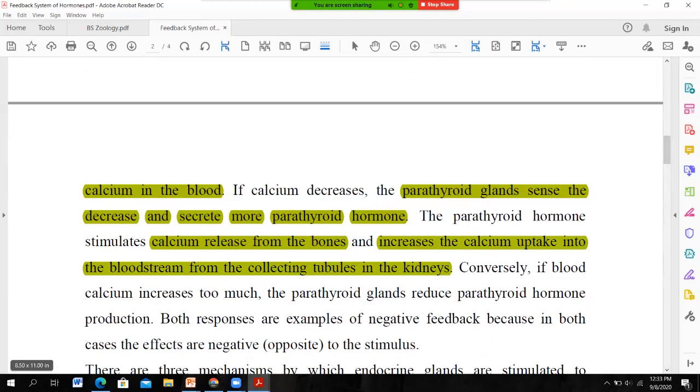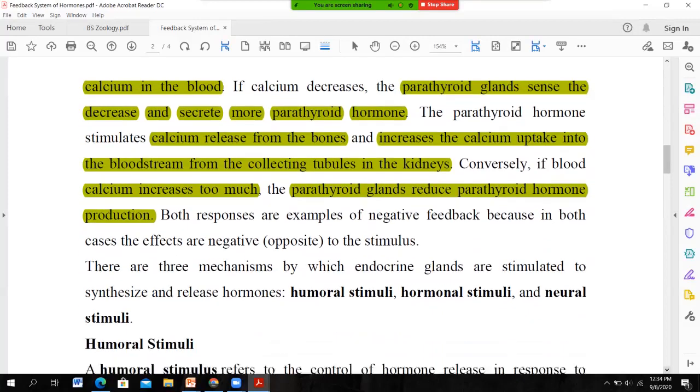Conversely, if blood calcium increases too much, the parathyroid gland reduces parathyroid hormone production. Both responses are examples of negative feedback because in both cases the effect is opposite to the stimulus. If the effect is opposite to the stimulus, then we call it a negative feedback mechanism.